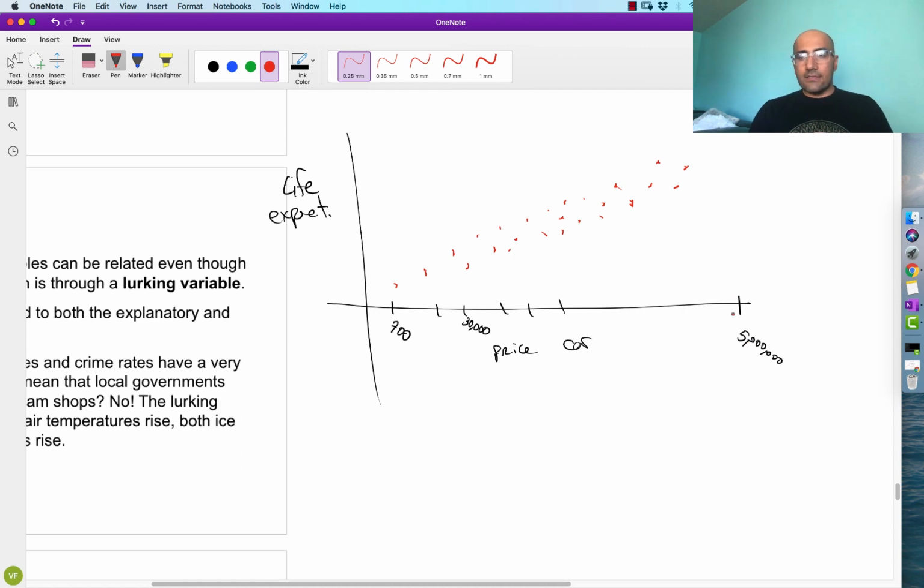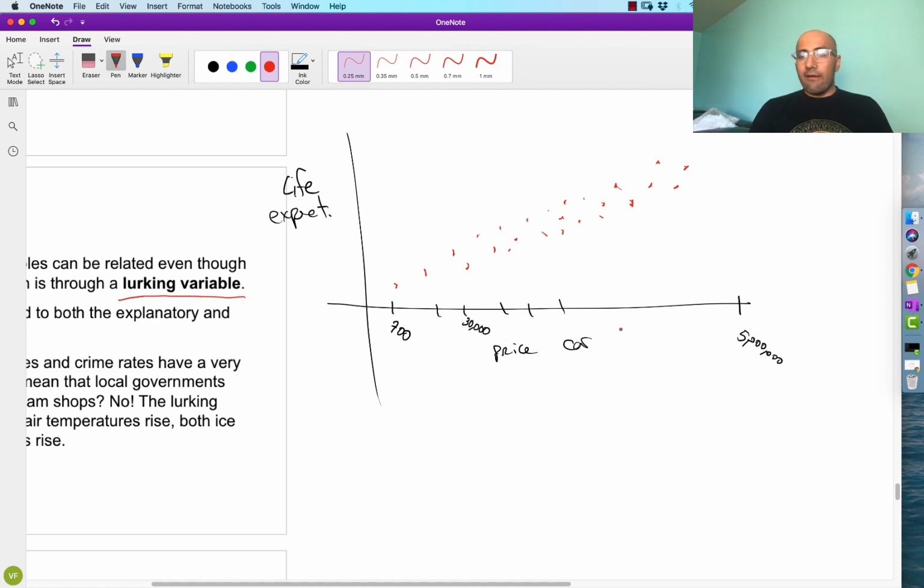It's not super clear why driving a really expensive hypercar is correlated with a long life expectancy. But if you think about it for a little bit, a lurking variable becomes apparent.